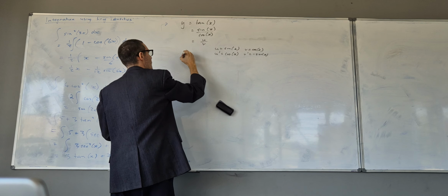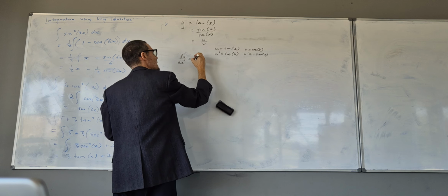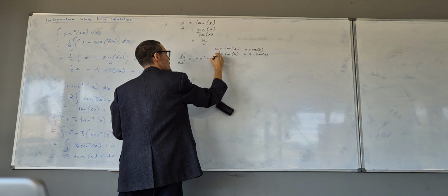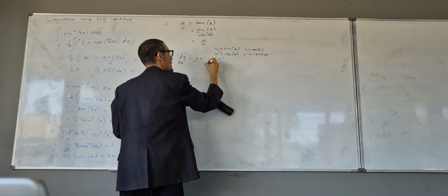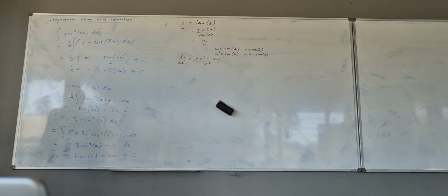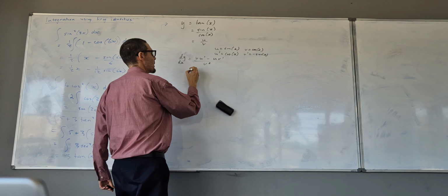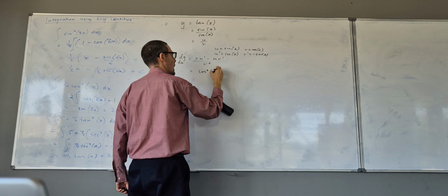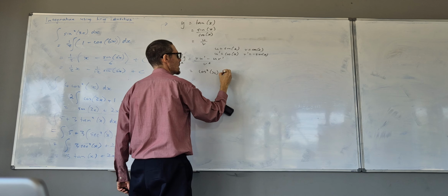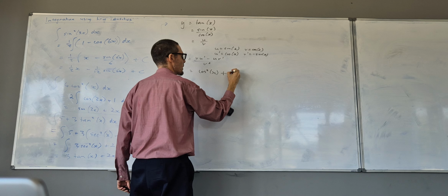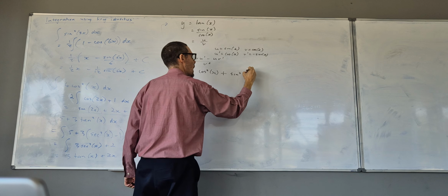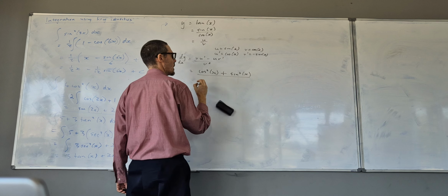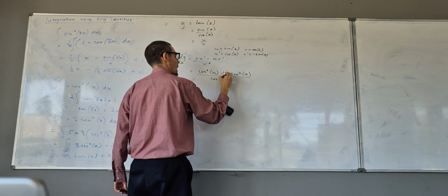So dy dx is v u dashed minus u v dashed on v squared. Remember, quotient rule. V u dashed minus u v dashed. Is it not minus?